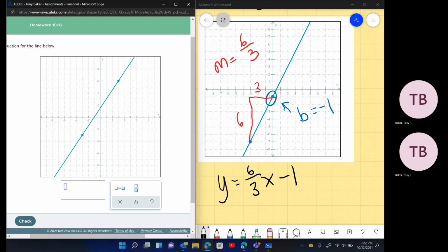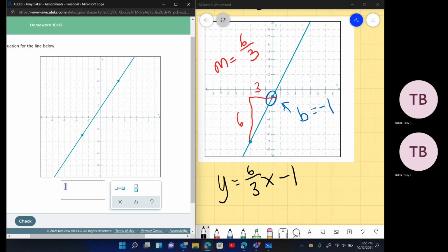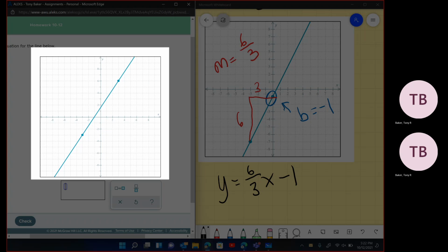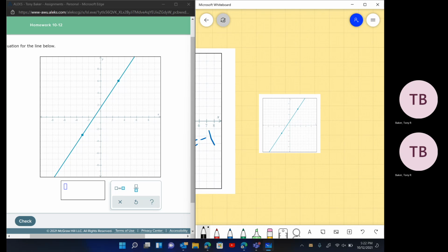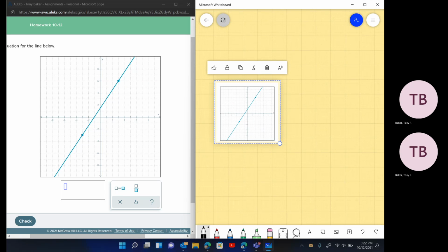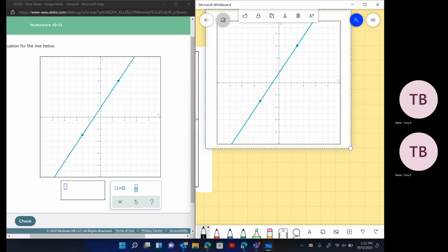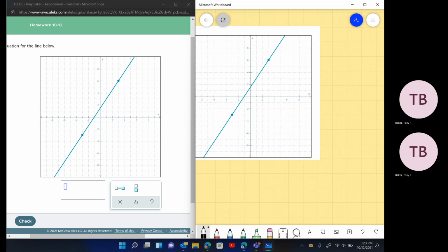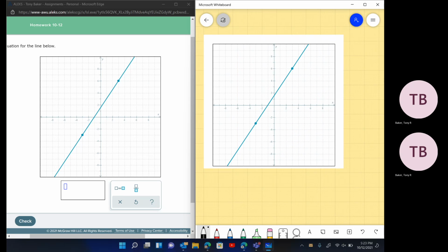All right, let's look at this one. Now, this one right here looks very similar to the last one. Slight differences. So on this one, notice my y-intercept right there.